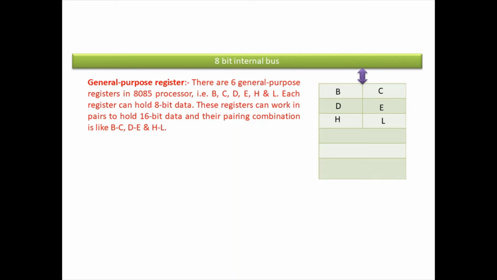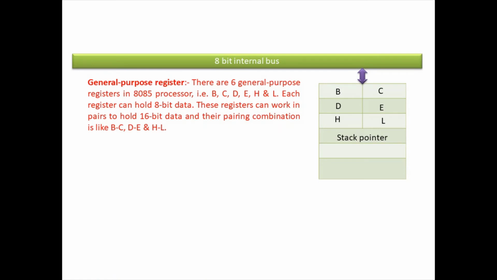We can even make them a register pair. The registers can work in pairs to hold 16-bit data, like BC as a 16-bit register, DE register, HL register. So we can combine the registers as register pairs. So we can have 3 register pairs.